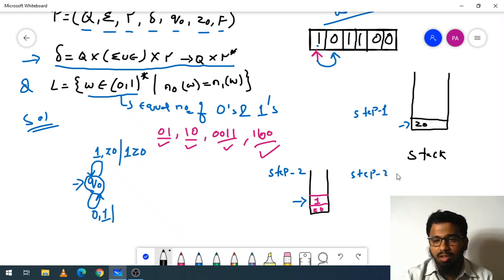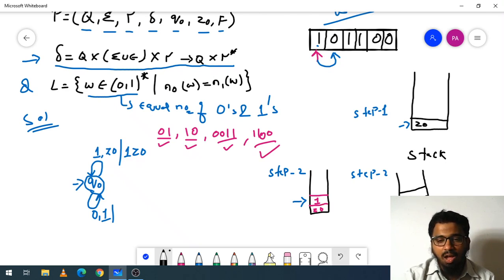Let us see. Here 0 and 1, and the top of the stack is 1. So what I told you: whenever 1 is added in the stack and a 0 comes, for the corresponding 0 we need to remove 1.